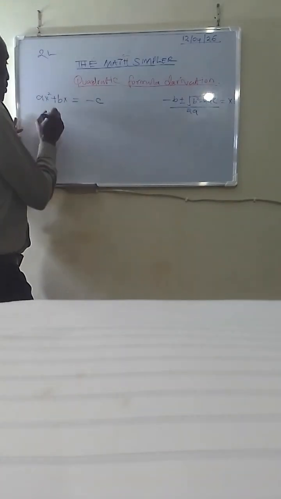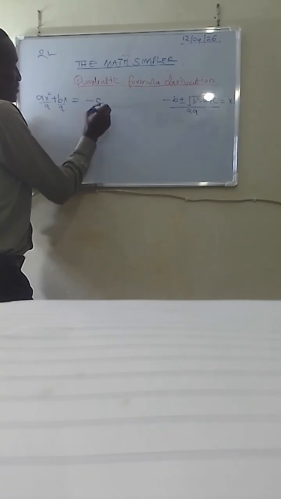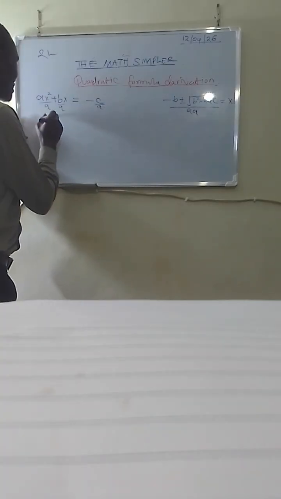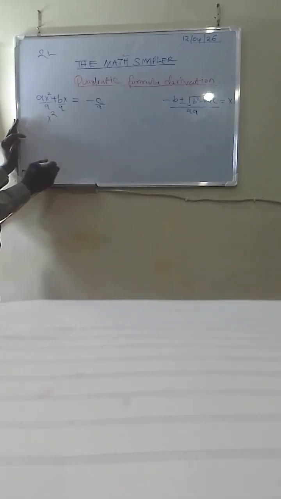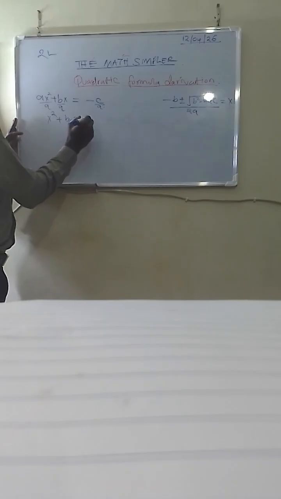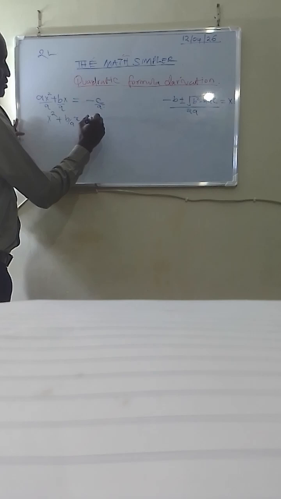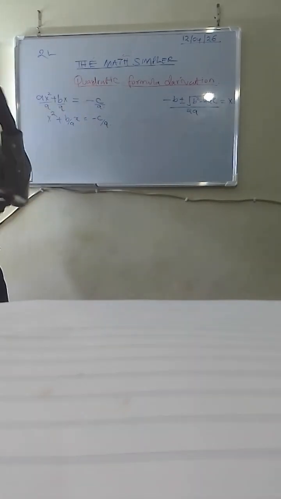By doing so, we divide both sides by a, so that we have x squared plus b over a x equals minus c over a. That is it.